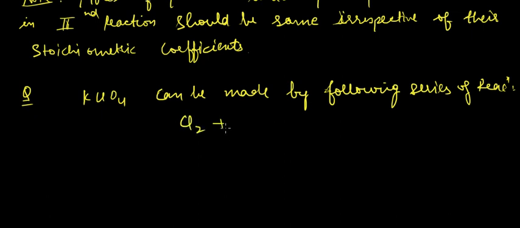First, Cl2 reacts with KOH to produce KCl plus KClO plus H2O.